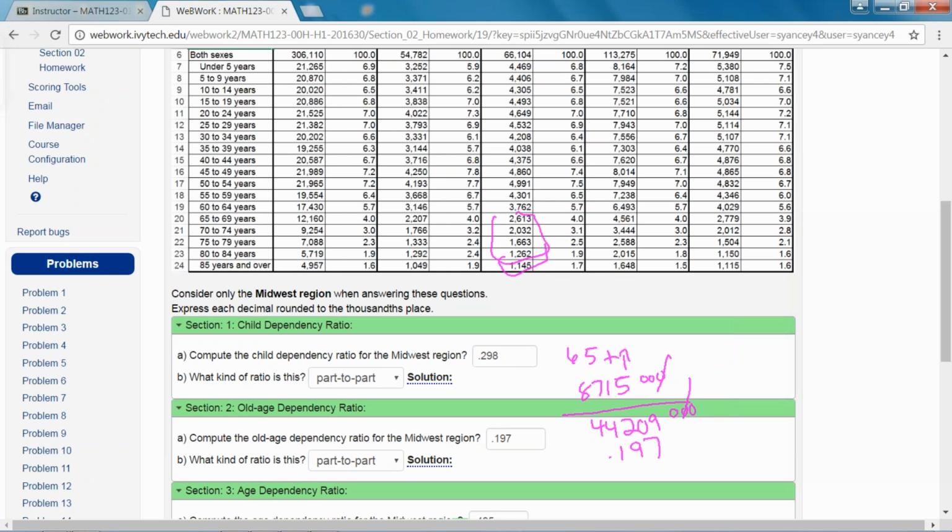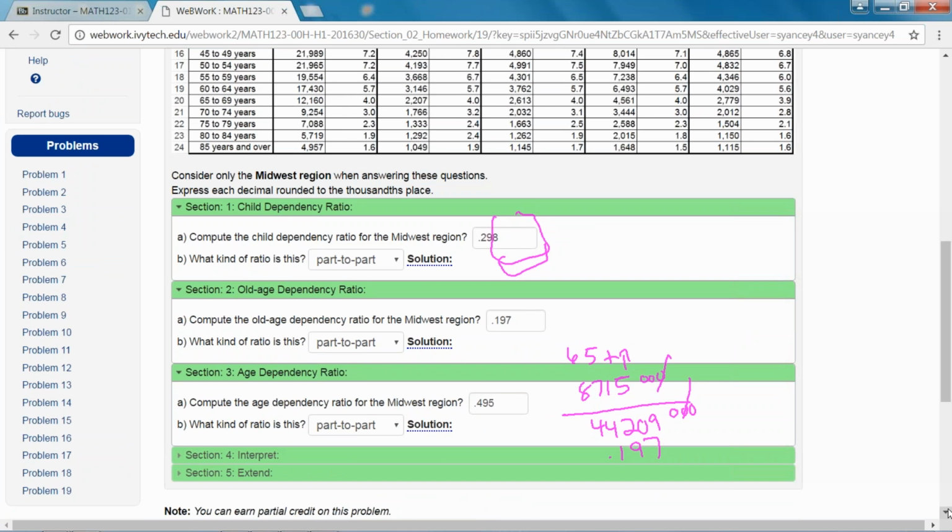The age dependency. That takes all people in society that are dependent, so we need to add our under 15 in the numerator with our 65 and older. Our child and old age dependents get added together and still divide by the 15 to 64. When I add them together, I get 21,895, and this is the Midwest.